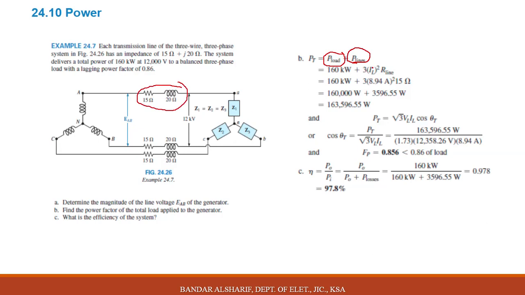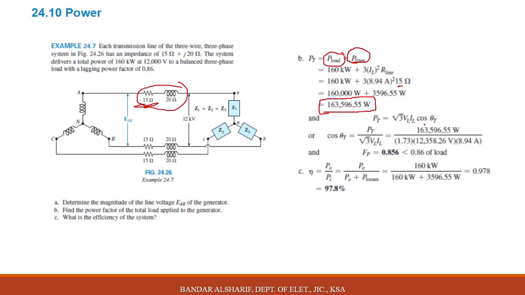You multiply 3 I line squared by R line, which is 15, and you will get 3,596. This means the total source active power is 163,596.